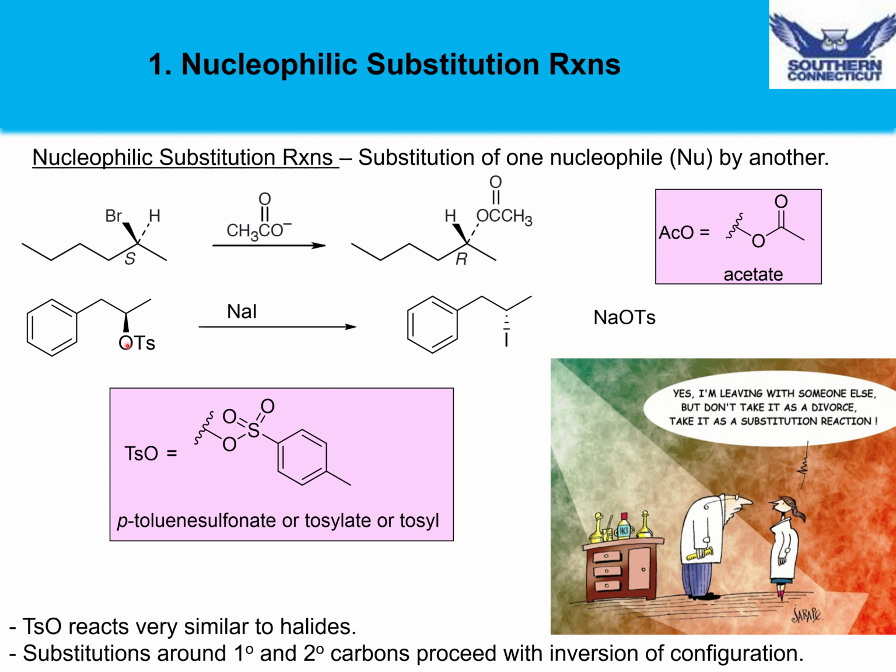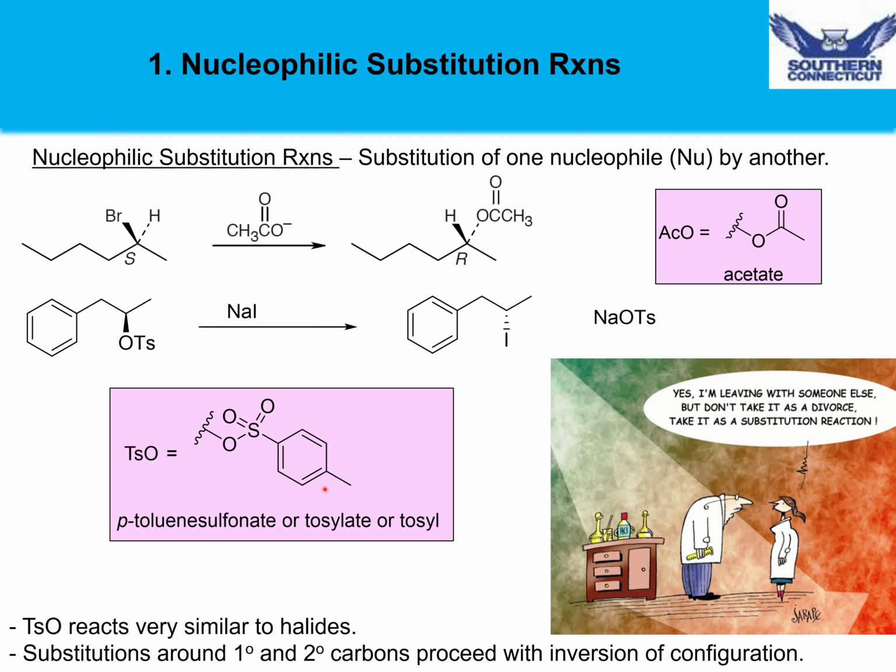The tosylate group here is a new group that you probably have not seen before. Its structure is shown here. So it is a toluene group attached to a sulfonate. So sulfonates are when we have a sulfur attached to three different oxygens.